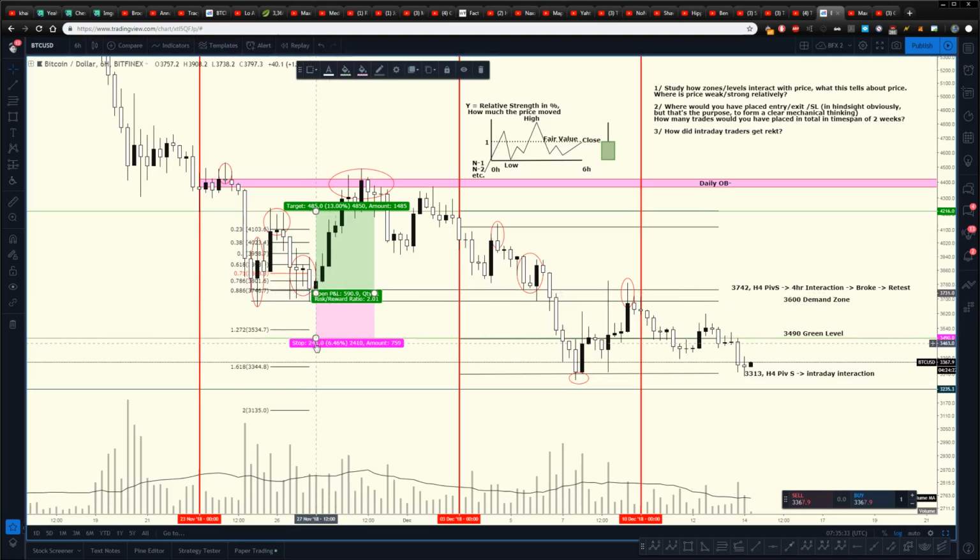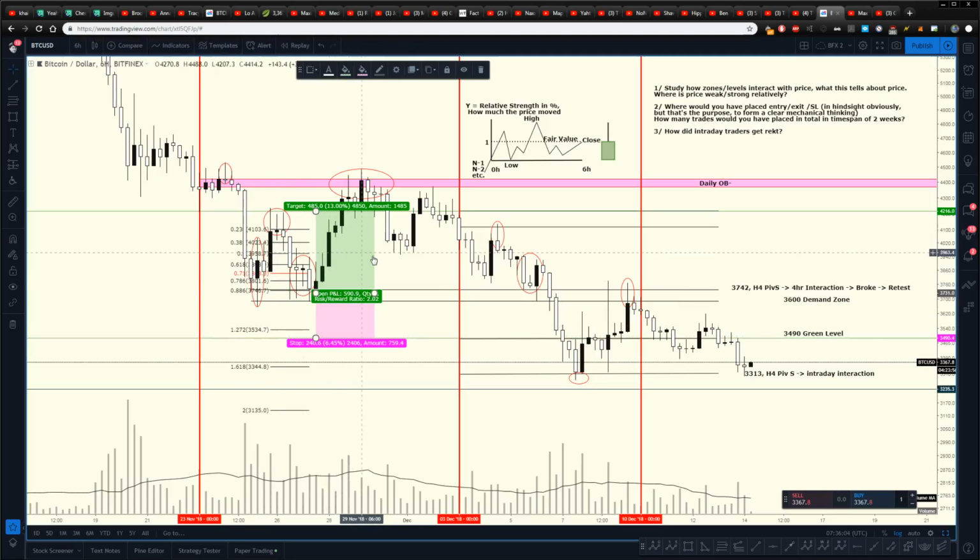The stop loss could have been below this wick, but we don't do that because we could have gotten a liquidity tap lower to run the stops here. So we would set the stop loss at either the 1.272 extension of this entire move, or the green level we predetermined, which was 3490, and that gave us a risk to reward of 2 to 1.